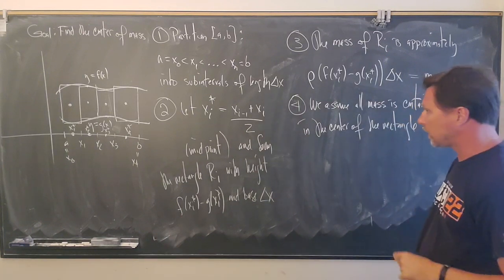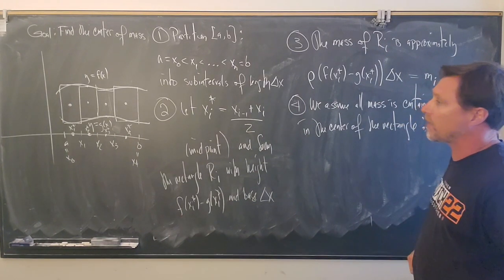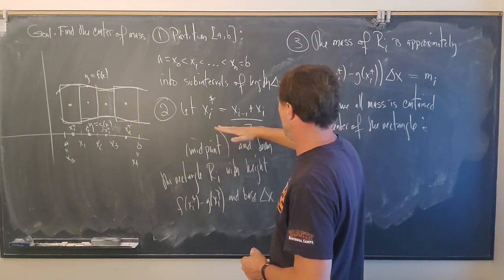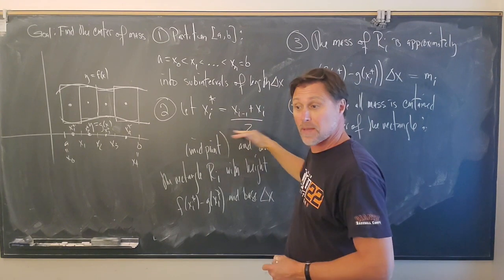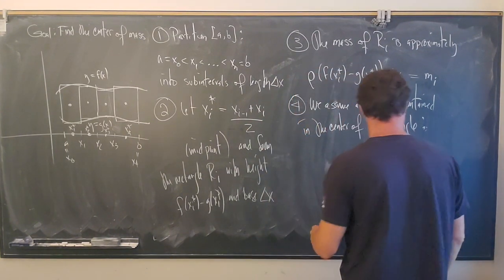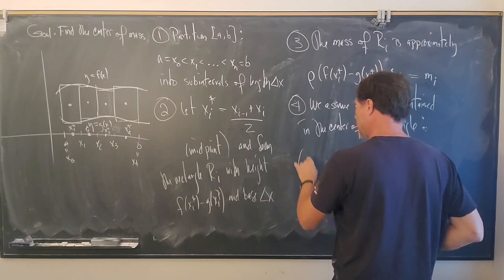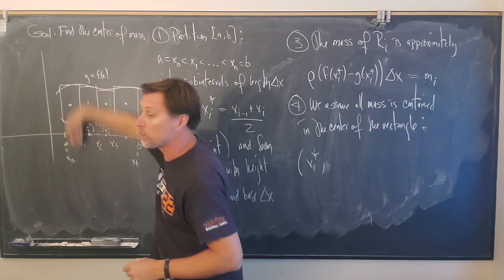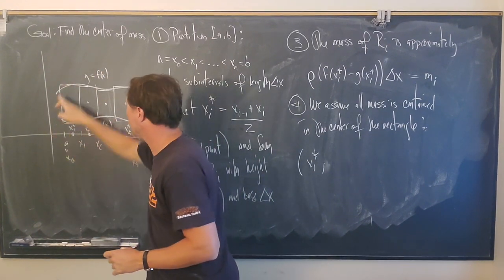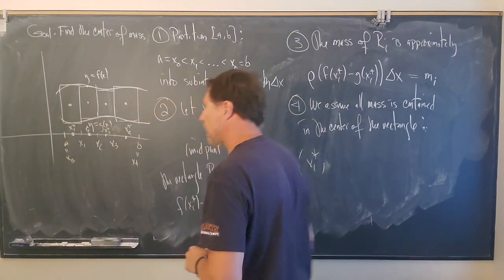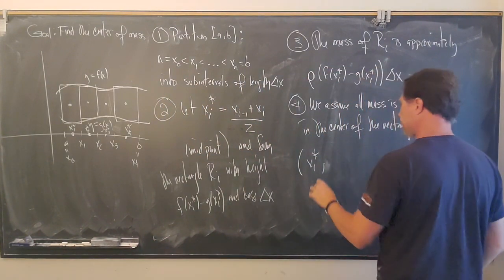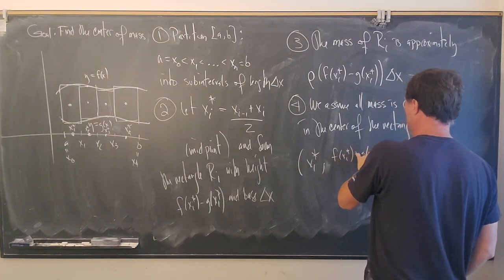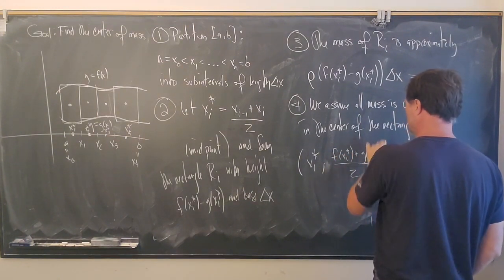So what does that mean? How do you find the center? Well, that would mean that the x-coordinate is the midpoint, so it's at the center of the rectangle, so that would be at xi star. And then how do you find the midpoint with respect to the y direction, the vertical direction? Add and divide by 2. That's how you find midpoints. And so it would be f of xi star plus g of xi star divided by 2.